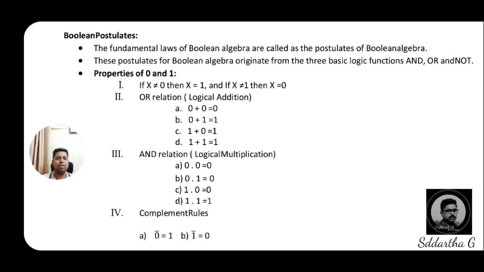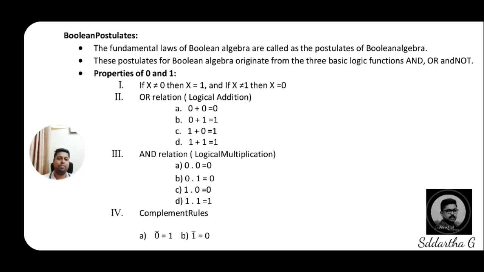The postulates of Boolean algebra originate from 3 basic logic functions: AND, OR and NOT. As we earlier discussed these 3 logical operations, based on these 3 functions we will discuss the properties of 0 and 1.